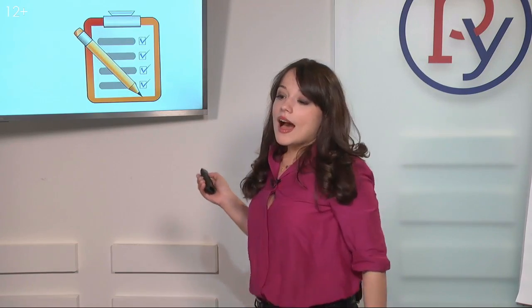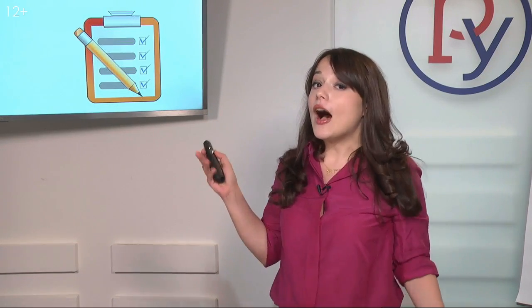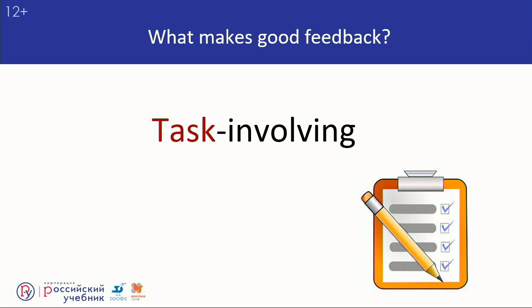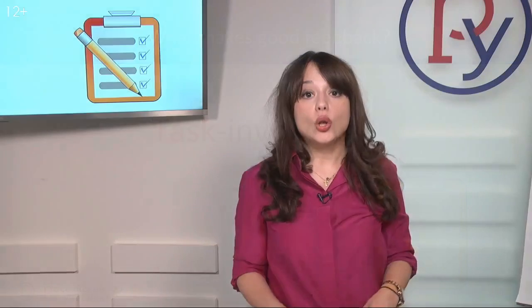Okay. Another feature of effective feedback, as you probably remember, is the fact that our feedback should be mainly task involving. Now, when giving feedback to our learners, we might not want to focus too much, or at all, on their personality, but rather on the way they did the task, right?